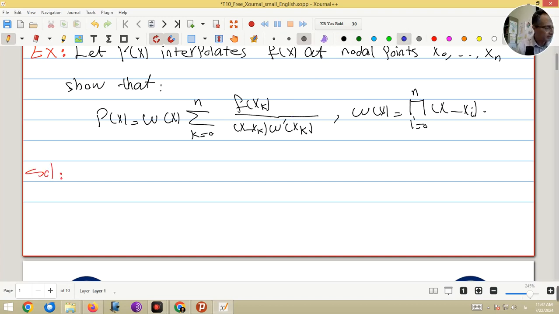The solution is not very difficult. We just have to compute w prime of x and then put x_k instead of x, and then put it in the summation and expand the summation. That's the trick. First, we compute w prime of x, then put x equal to xk. Okay, it is the problem.